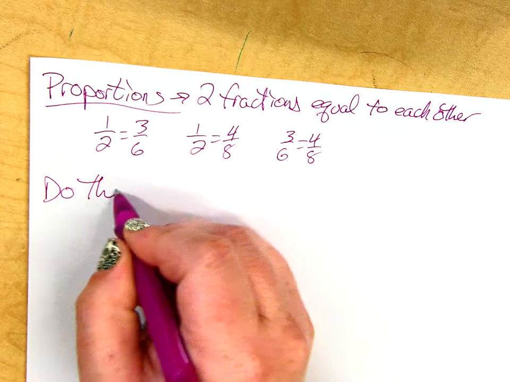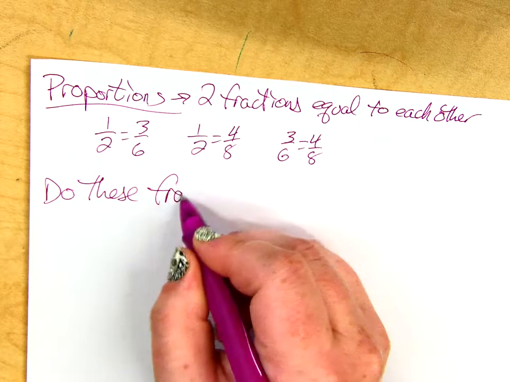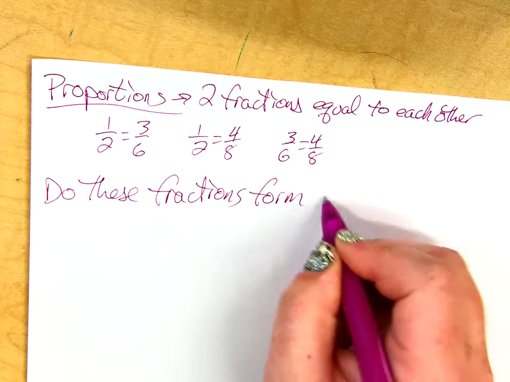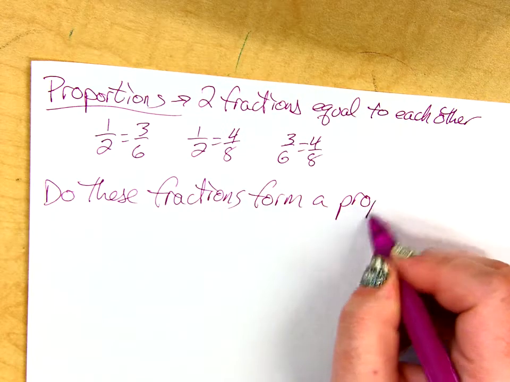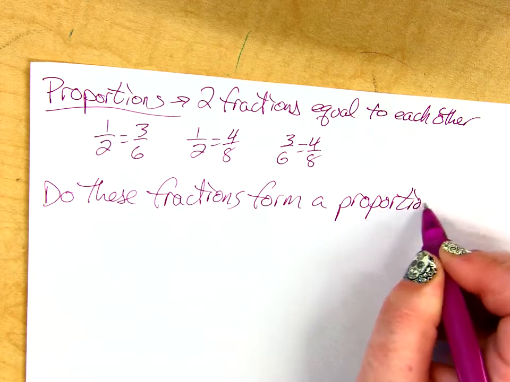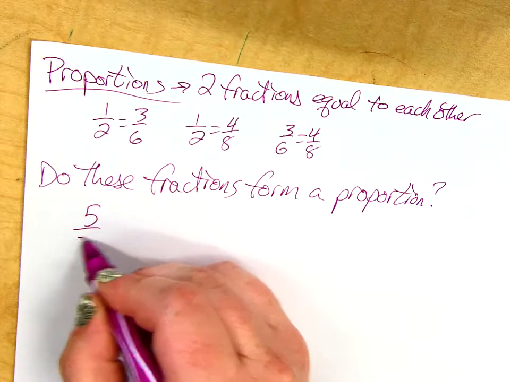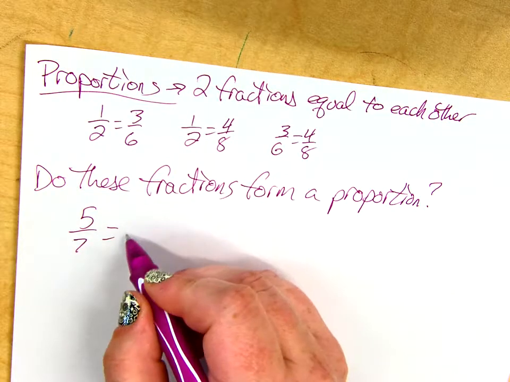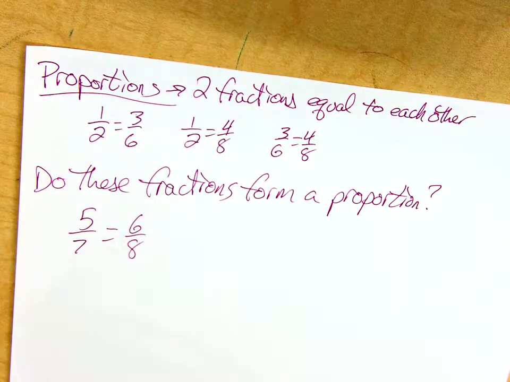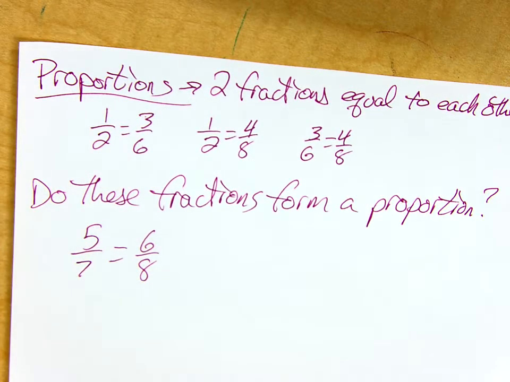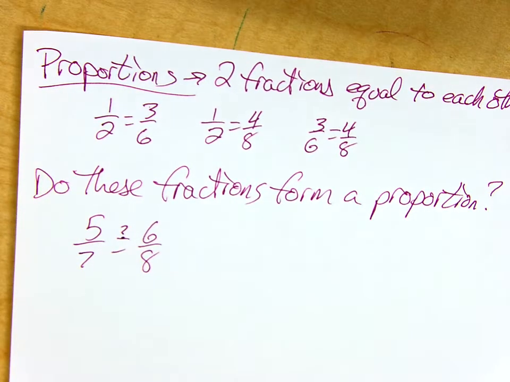Like I might ask you, do these fractions form a proportion? Let's say I give you these, maybe 5/7 and 6/8. Off the top of my head, I have no idea if they're equal to each other or not. But let me put a question mark over this equal sign because I don't know that they're equal right now.